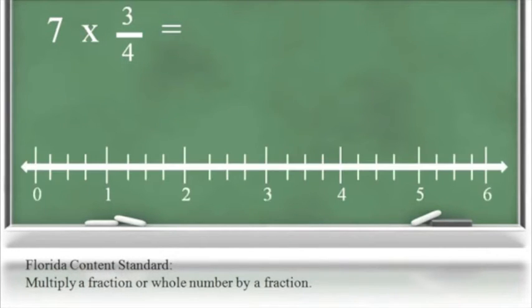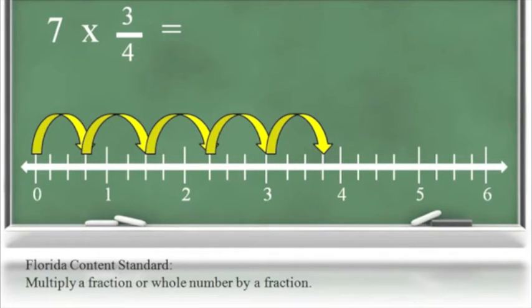Next, your child would need to create a model to represent and explain their solution. For example, by using a number line, they could use what they already know about the multiplication of fractions as repeated addition of equal groups to show that 7 groups or jumps of 3/4 would end at 21/4, or 5 wholes and an extra fourth.